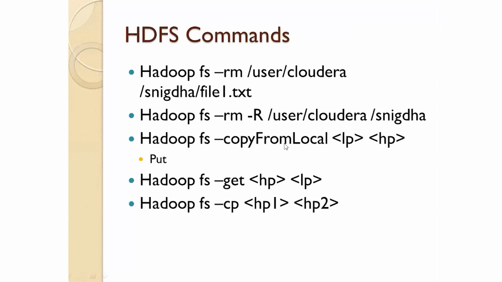Instead of copyFromLocal, you can also use the put command. And what if you want to transfer a file located in HDFS to your local system? Then you can use hadoop fs -get, the HDFS path and then the local path. This will transfer the file from HDFS to your local system.